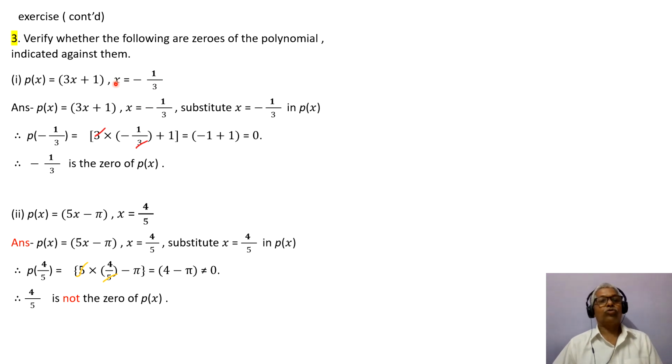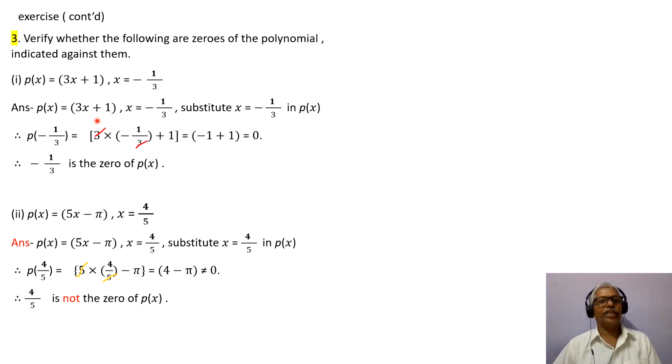So we have to check the value of this polynomial at the given value, and check whether the polynomial gets 0 at this value. We will see this, and if that is so, then this is the zero of the polynomial. We have seen this, so we will continue with the answer.